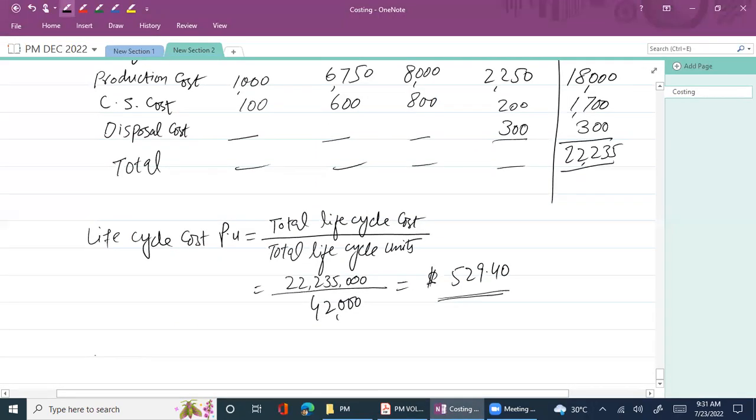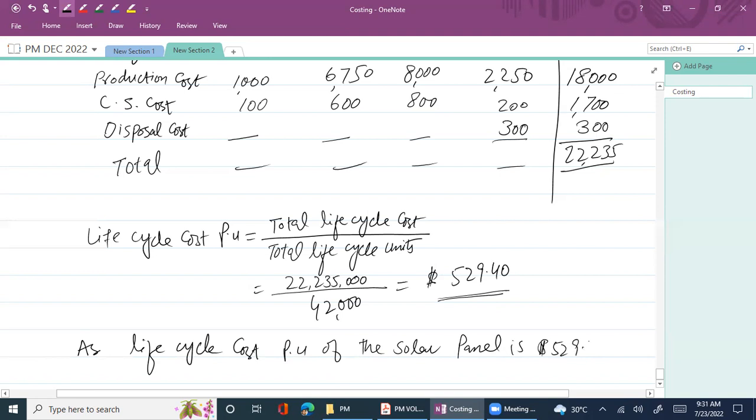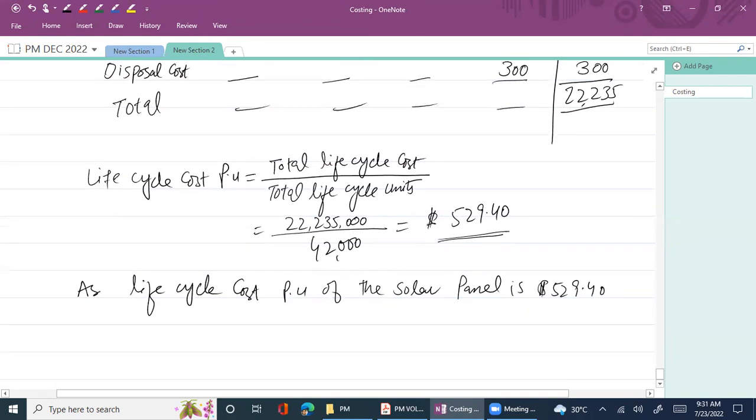We can write it as: life cycle cost per unit of a solar panel is $529.4, which is less than the suggested price of $500.